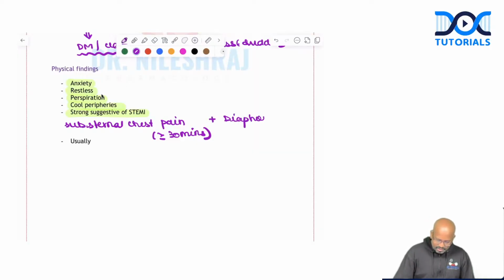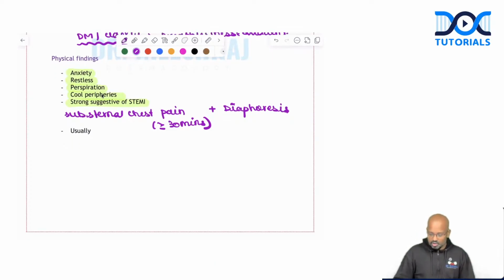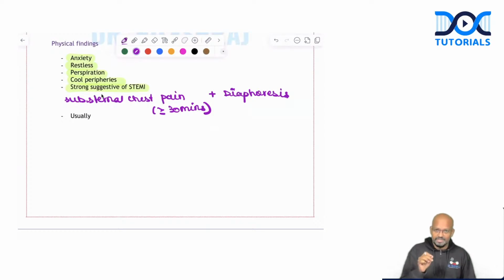What is diaphoresis? Yeah, abnormal, excessive sweating. So in terms of a substernal chest pain which is constantly there, even if the patient relaxes, that pain is not gone, and the patient is intensely sweating, that is, as we told, strongly suggestive of myocardial infarction, especially STEMI. Usually, what happens to the heart rate and the blood pressure?